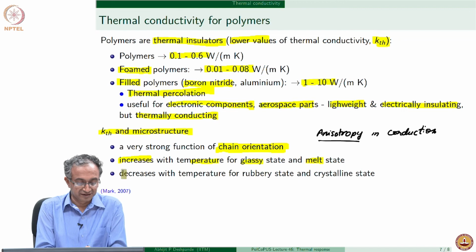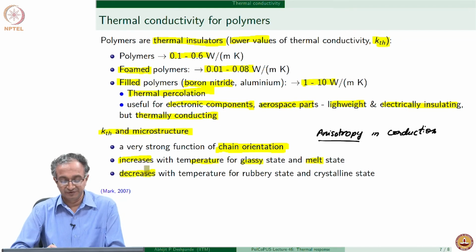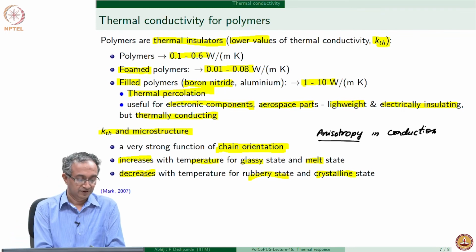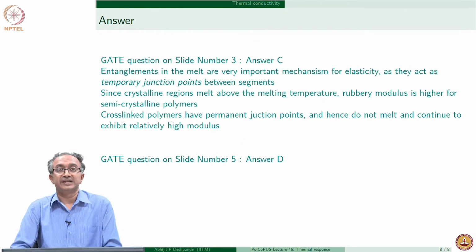The other aspect is related to a decrease. When we have a rubbery state or a crystalline state, then if we increase the temperature, the thermal conductivity decreases. So, you can see that based on the temperature dependency, we can understand what may be the underlying structure of the material. So, with this we will close this lecture.